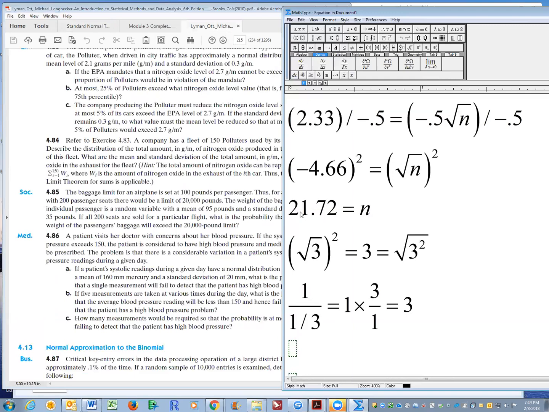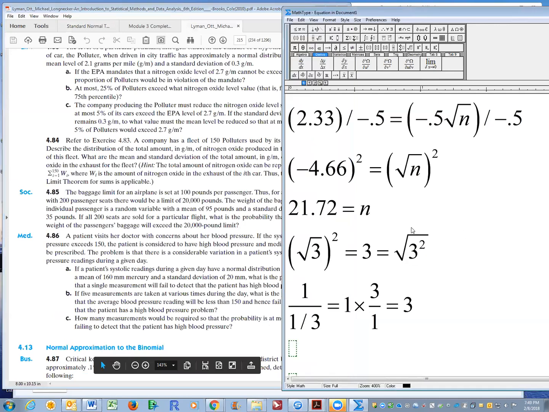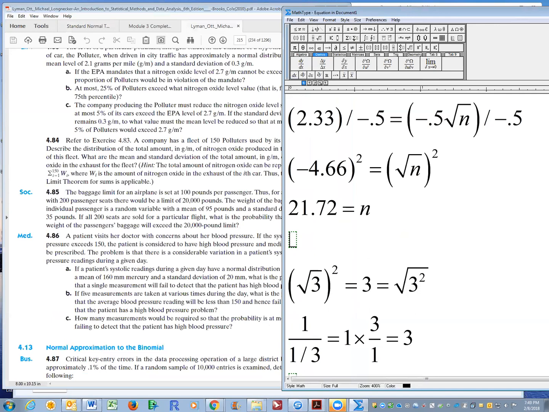And so in order to make this conservative, to where the probability is at most that, you're going to round up effectively. So the number of measurements would be 22.